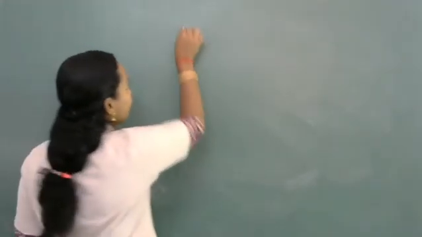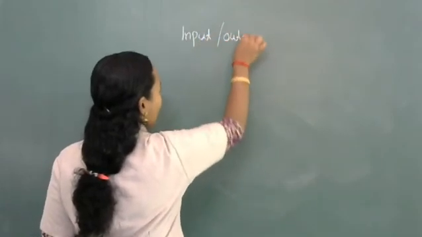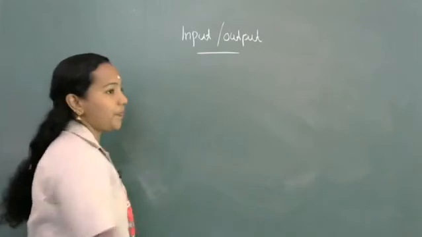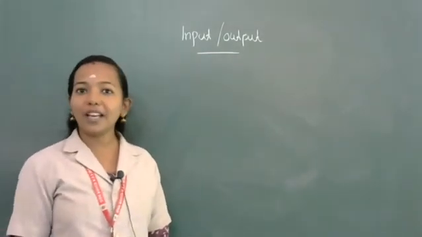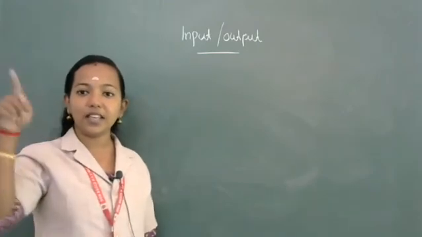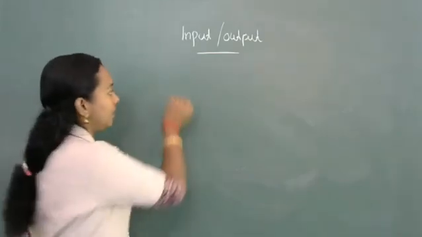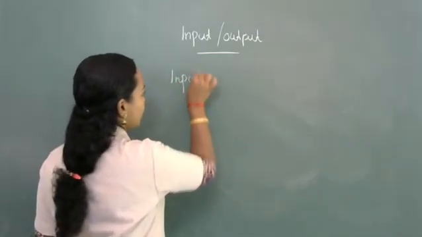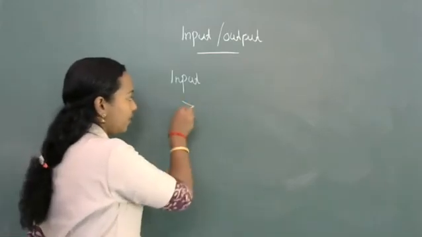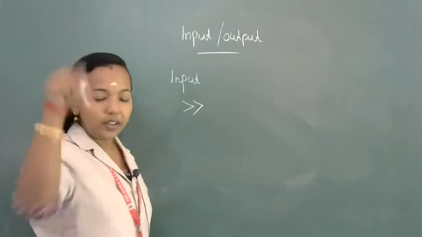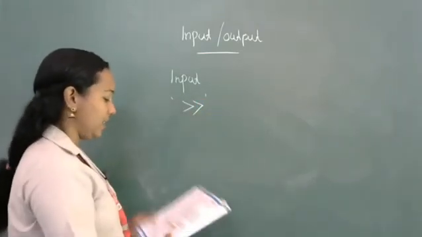Next one is the input or output operator. In the programs that we saw in the previous videos, the cout symbol is present. So the commonly used input operator is this symbol: two greater than symbols together.